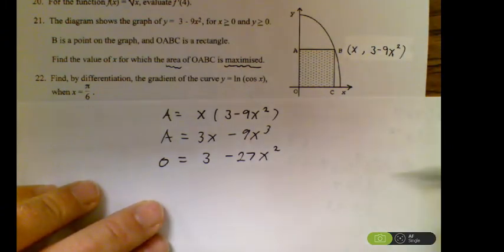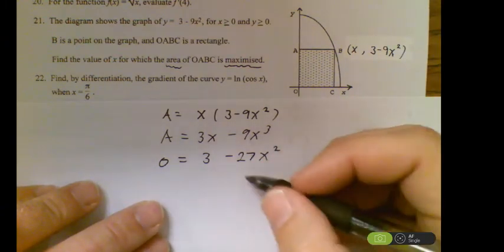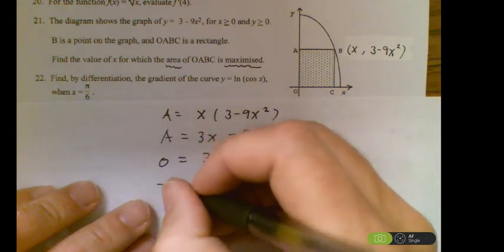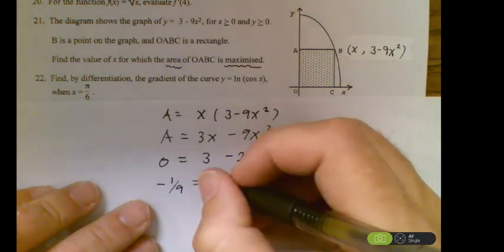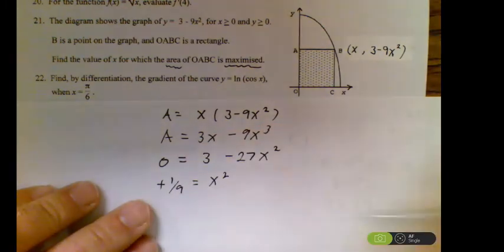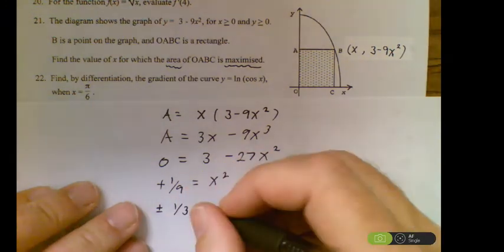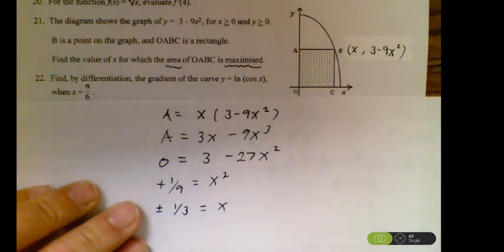So there's our derivative. If we solve for x, so subtract the 3, divide by negative 27, and you get negative 1/9 for x squared, positive 1/9 for x squared. So 1/3 plus or minus is our value for x.